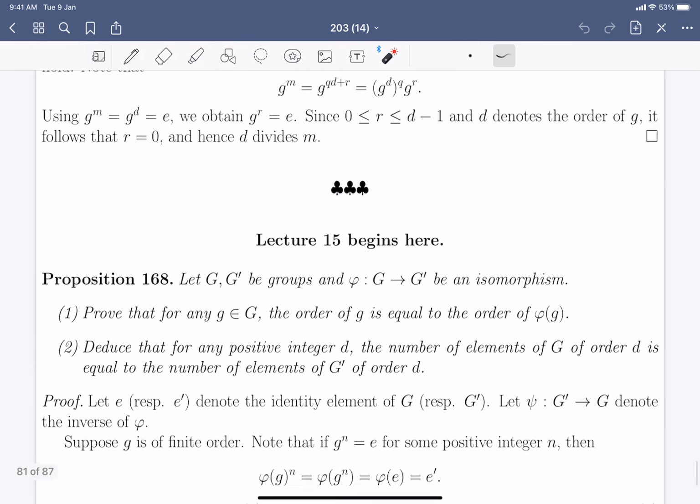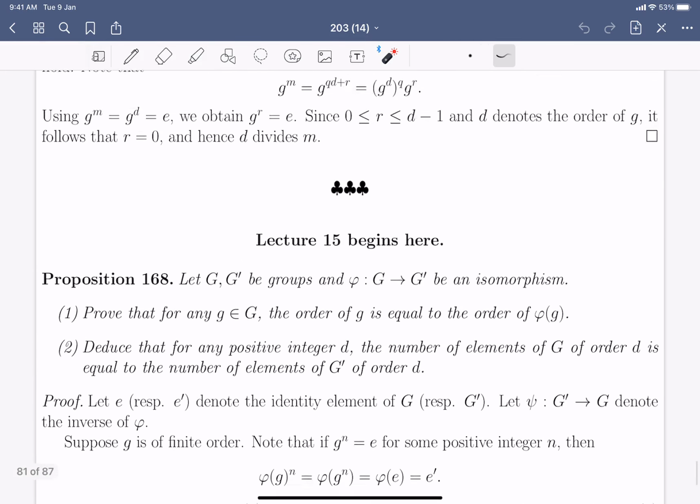To understand the order of g, we need to care about the group G, and to understand the order of the element phi(g), we need to care about the group G prime. So this order is computed with respect to the composition law of G, and the order of phi(g) is computed with respect to the composition law of G prime. We need to be a bit careful here.